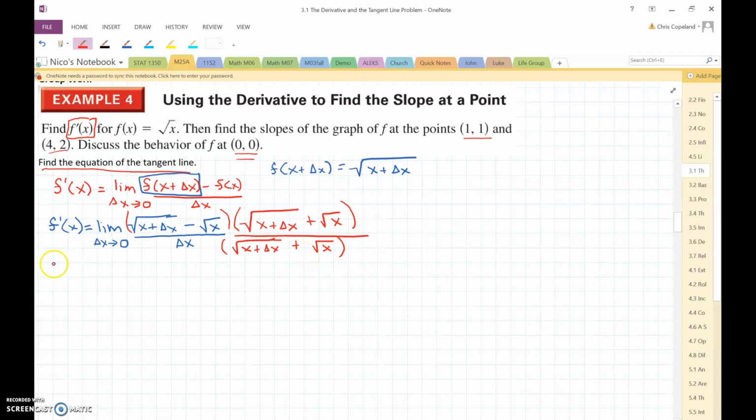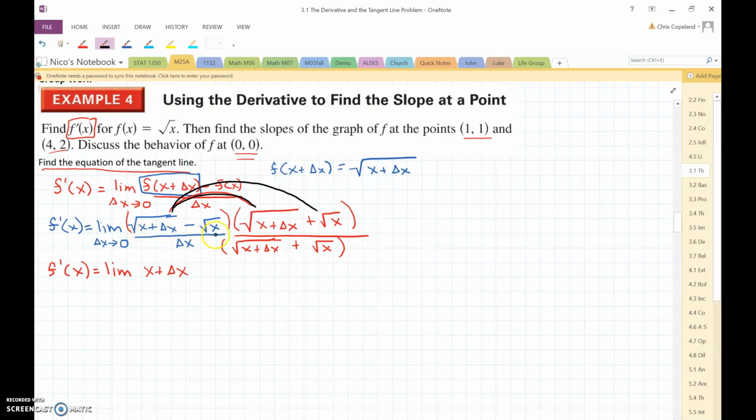So when we multiply through by the conjugate, we get the derivative of f of x equals the limit. The square root of x plus delta x times the square root of x plus delta x would be x plus delta x. Notice when you multiply by the conjugate, next you get positive the square root of x times the square root of x plus delta x.